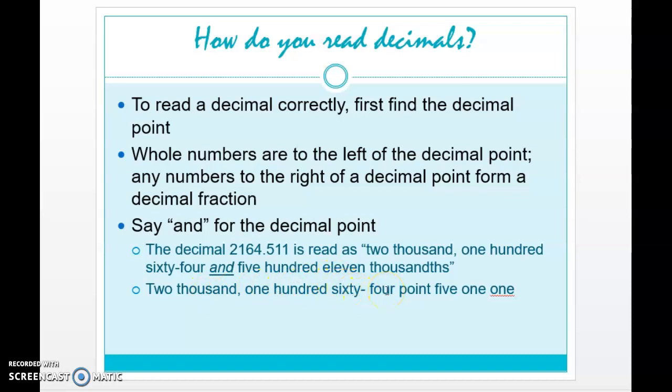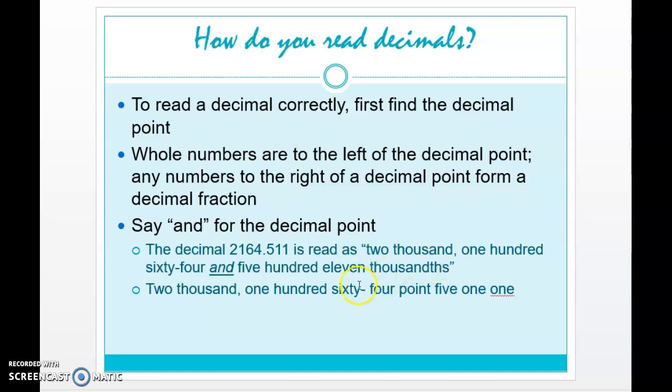Another way of reading, when you want to read using the word point, we'll say 2164 point 511. Check the difference: when you're using "and," you have to include the name of the decimal place. Like 3 decimal places will take thousandths, 2 decimal places will take hundredths, 1 decimal place will take tenths.